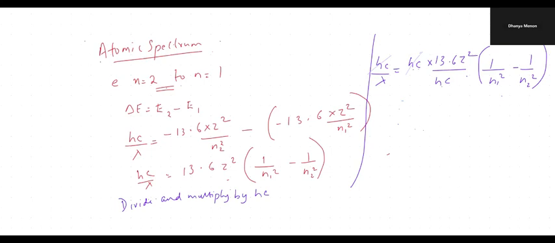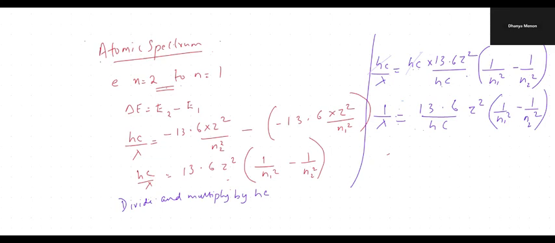Okay, now what I'm going to do is 1 by lambda equal to 13.6 by hc Z square by 1 by n1 square minus 1 by n2 square.